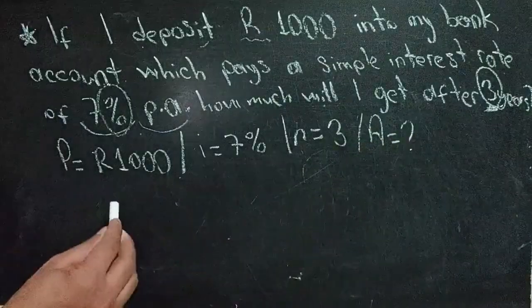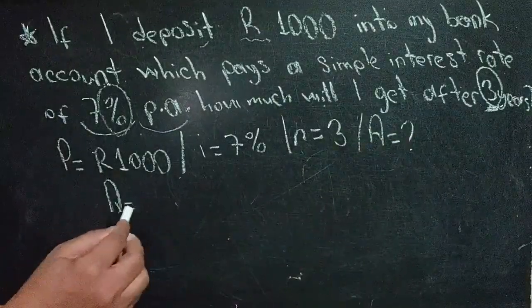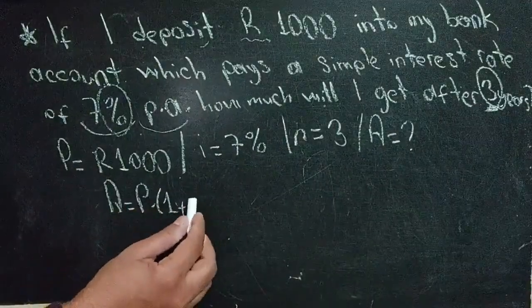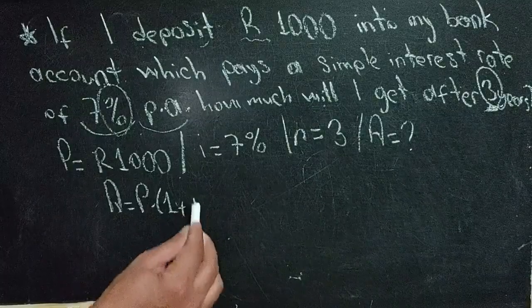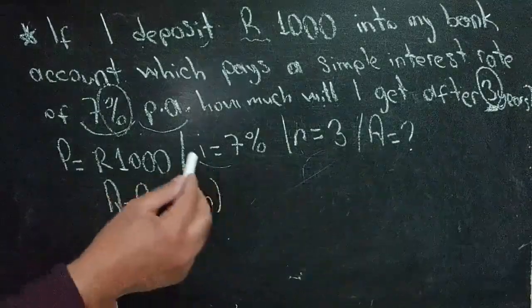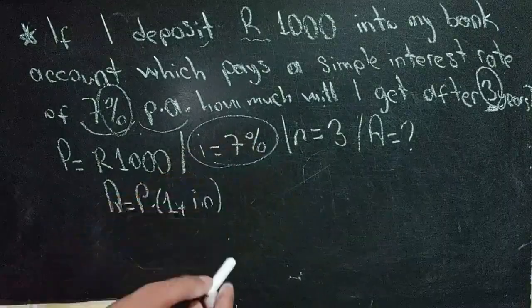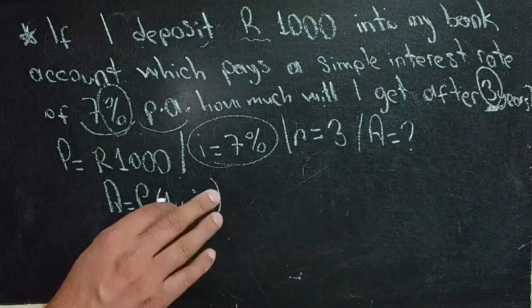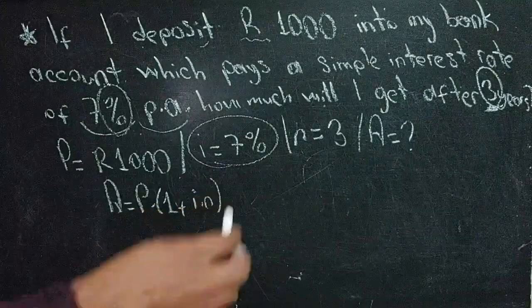Now I'm going to write the formula. A equals P times (1 plus I times N). From there, I need to convert that I into a decimal number or fraction.